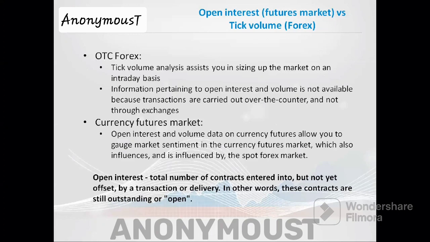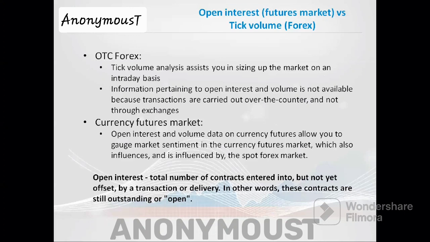Information pertaining to open interest and volume is not available because transactions are carried out over the counter and not through exchanges. As I told you, the over-the-counter market is a market wherein you don't have a regularized exchange, so you won't have all this data because there is no single regulatory body governing it.